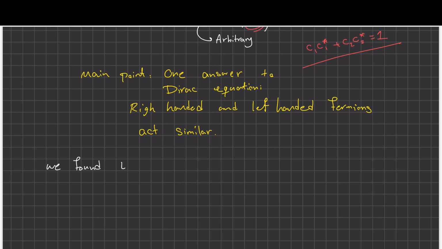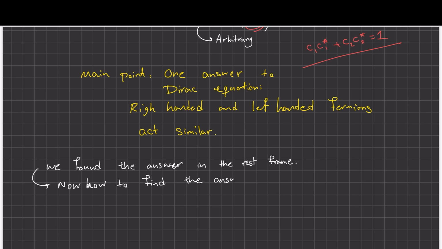Now we found the answers in the rest frame. We want to find the answers in any arbitrary frame of reference. How do we find the general form of the answer in any frame of reference?